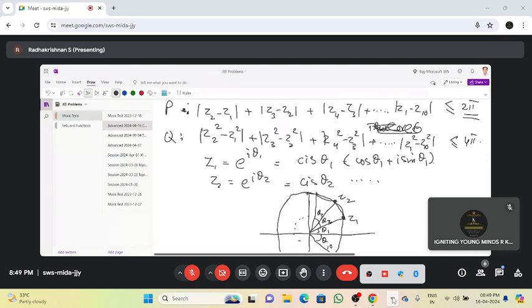Try to do the second part. Z2 square minus Z1 square, Z3 square minus Z2 square, and so on. Sum it up. What will that come to?